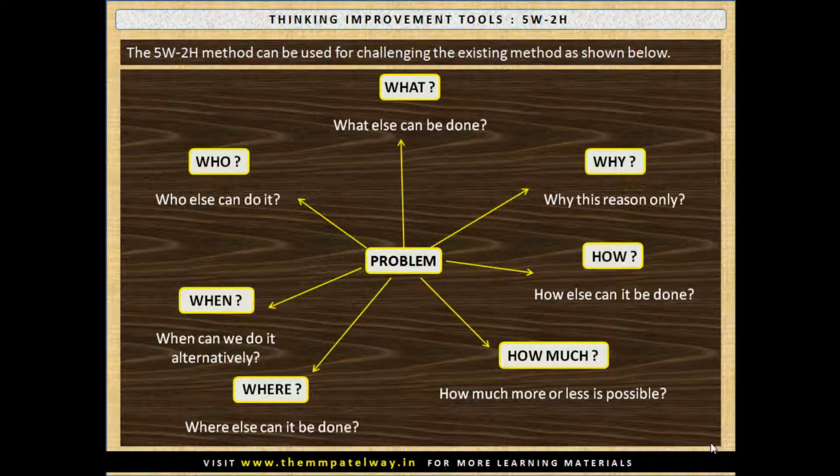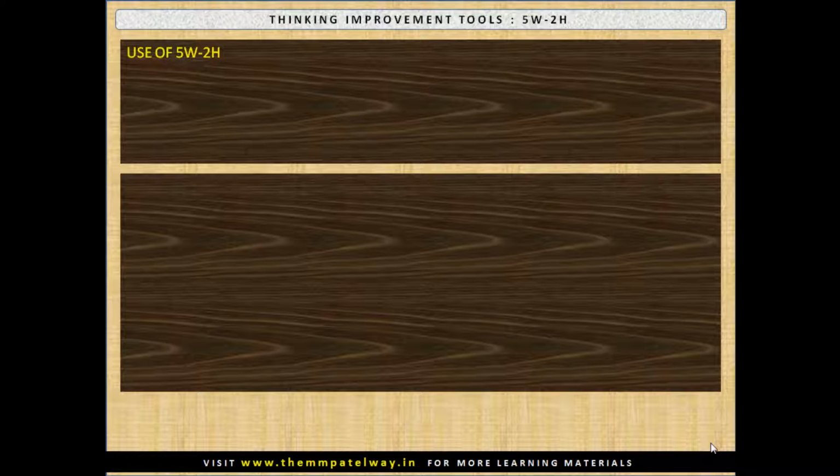Now challenging the existing situation by appropriate questions will make us more aware and knowledgeable. This questioning will also show us new lights for being more effective and more efficient. Now let us discuss use of 5W2H method.